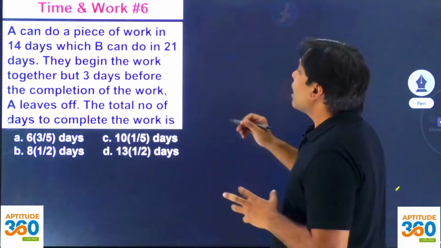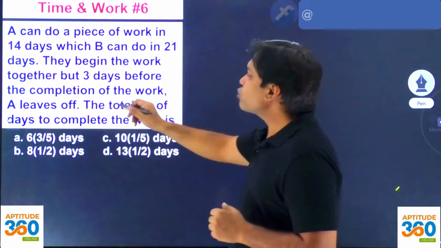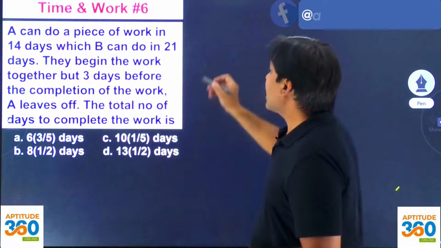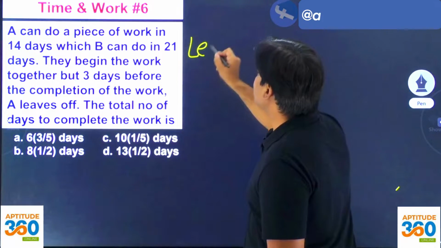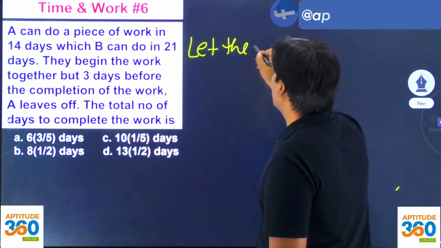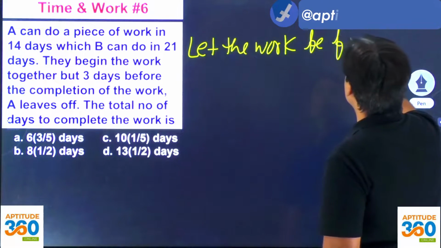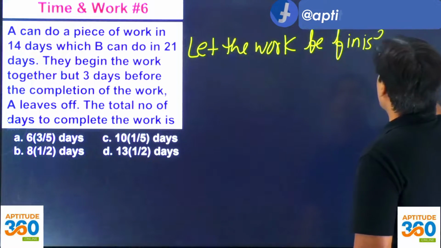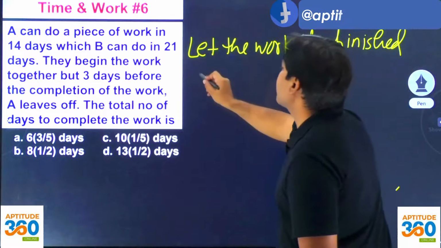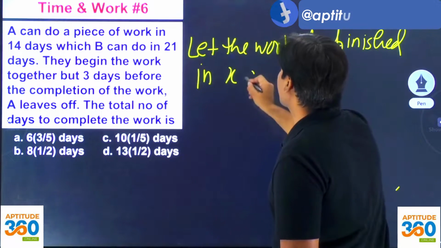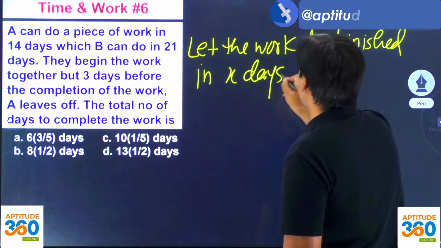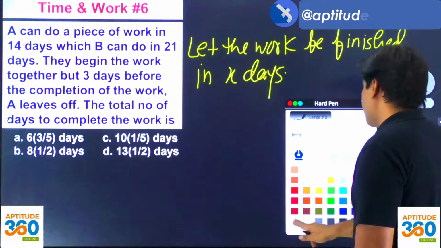So the very first thing, I am confused with this statement. So what I'm going to do is I would say that let the work be finished in X days, right? So for how many days A is going to be working and for how many days B is going to be working?